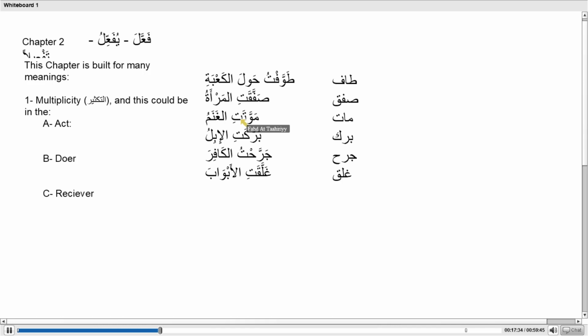No, it doesn't. Okay? So if you wanted to say that a lot of sheep died, you just double the middle letter, which is the waw here. Okay? Here it goes back to being a waw because there's no reason to turn it into an alif. Clear? So موتت الغنم means plenty of sheep died.